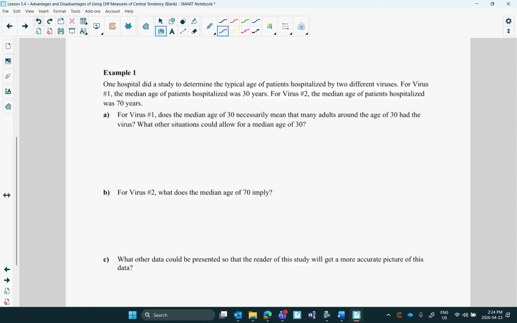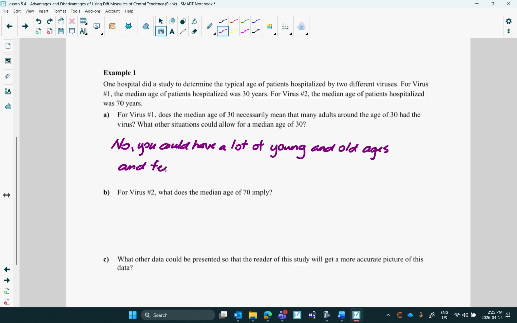Okay, so no. You could have a lot of young and old ages, and few around 30 in the middle.